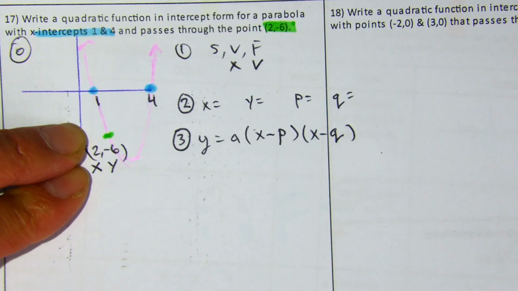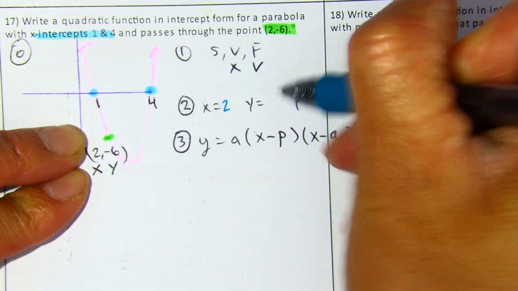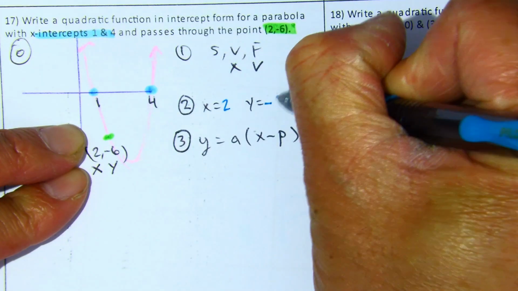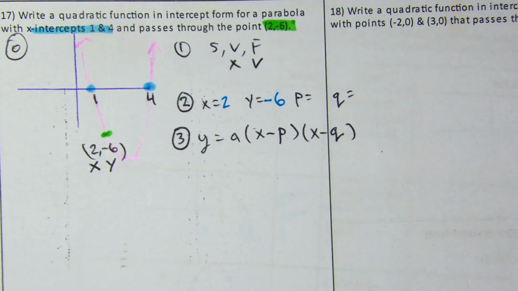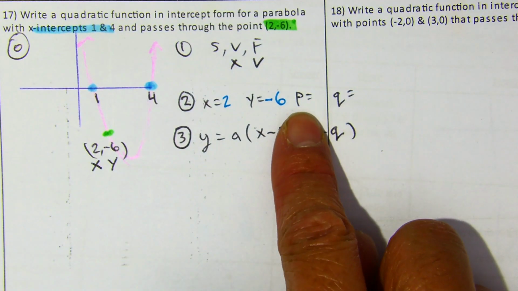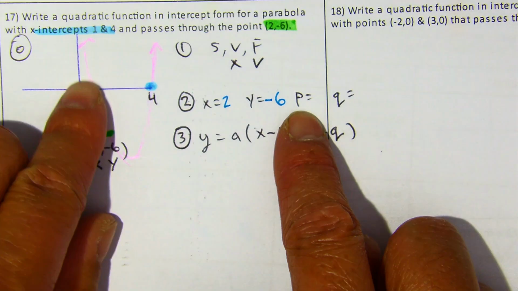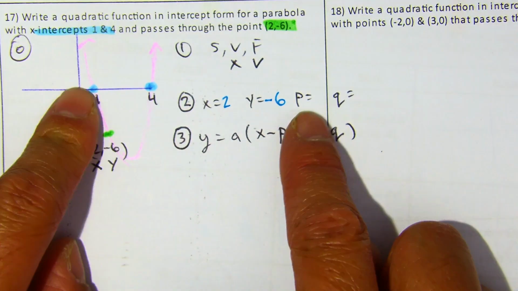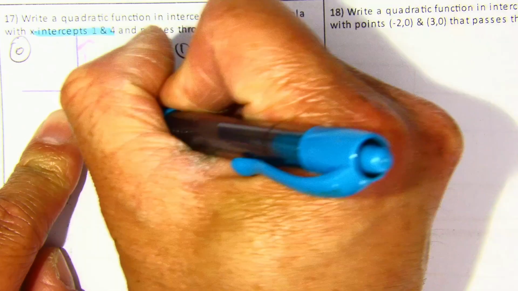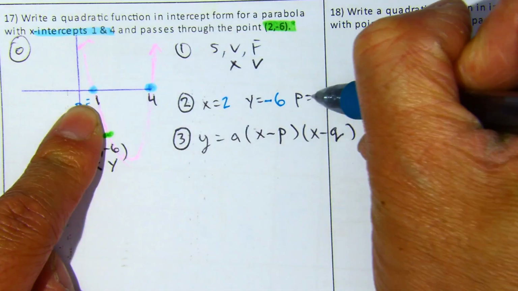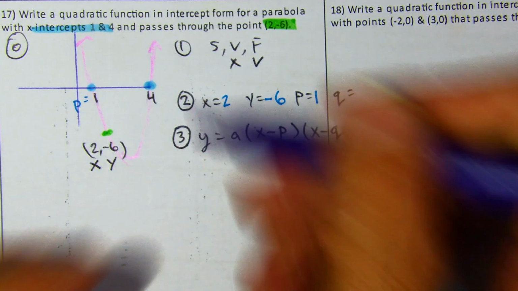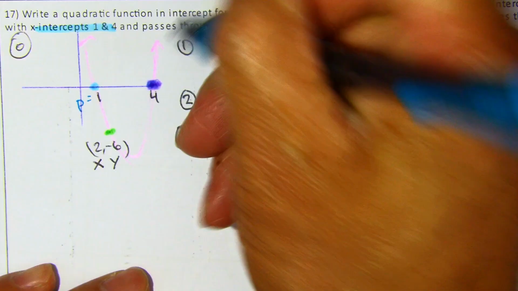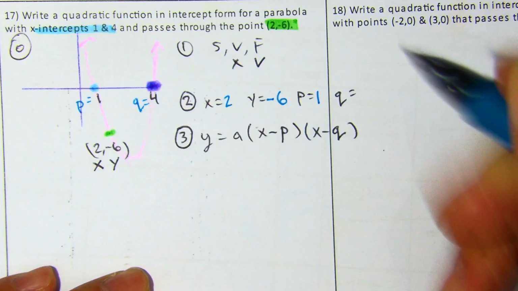Y is what? Negative 6. Okay, our P is one of the x-intercepts and it does not matter. So I'll just say P is 1. Let's change colors here, and Q will be 4. Okay?